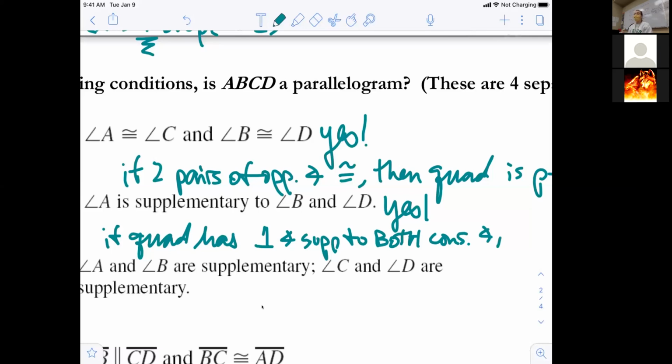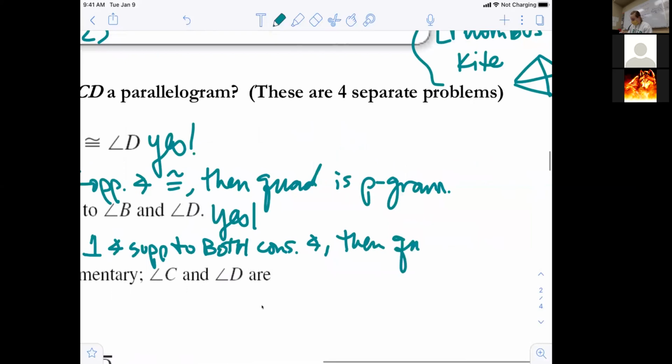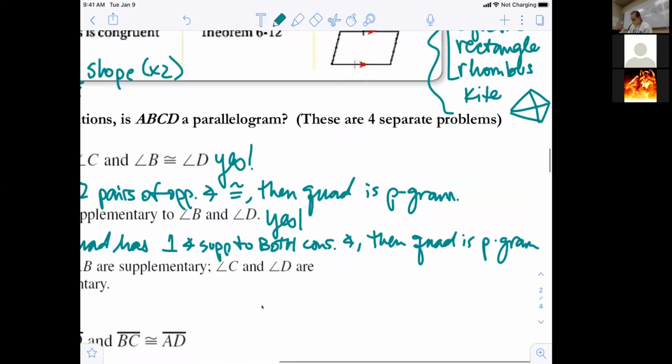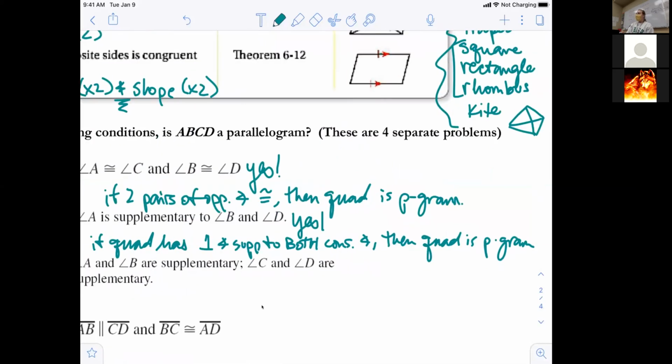So I really do want us to be this specific. I want you to abbreviate as much as you want, but I need to see one angle sup both consecutive angles. Those are keywords I'm looking for in all of this. And I'm going to say then quad is p-gram. Everyone okay with that?